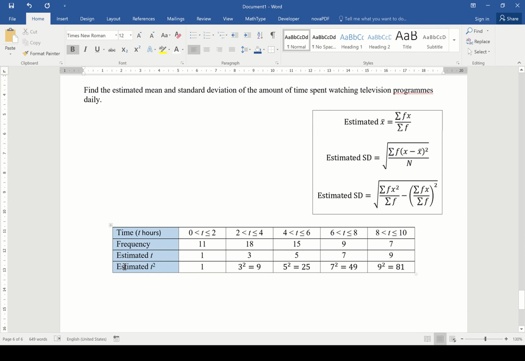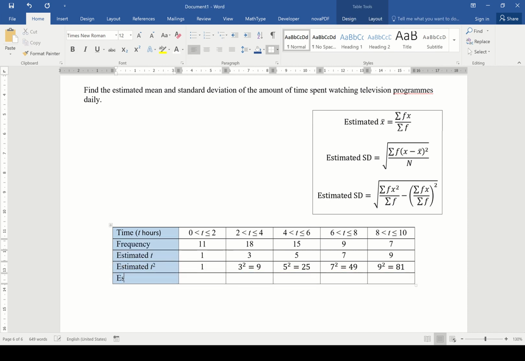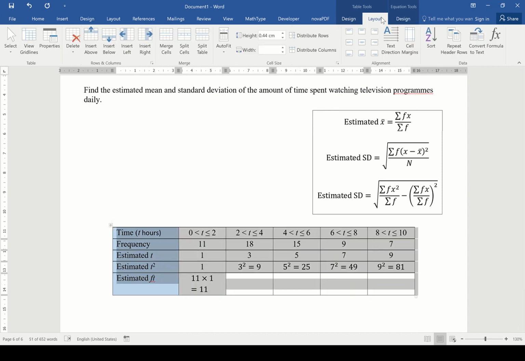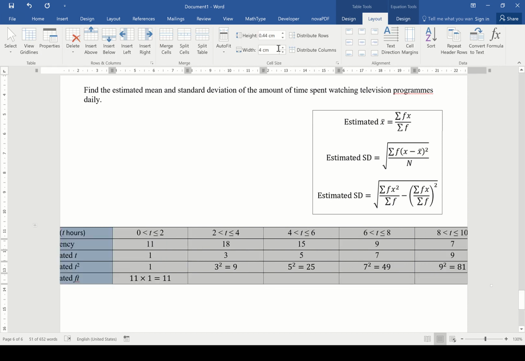So we will have estimated ft. Frequency is f, t is time, because we need this for our mean, like fx. So in this case, ft, we just take 11 times 1, which is 11. We need to stretch out our table a bit, so let's adjust the width.